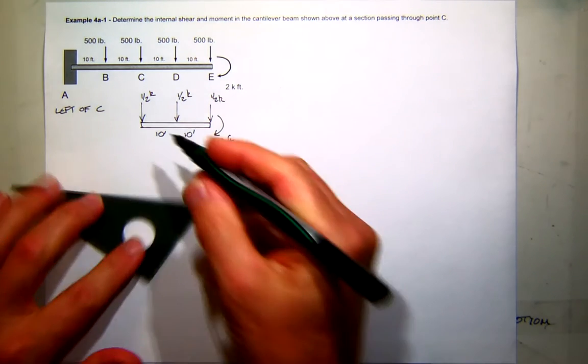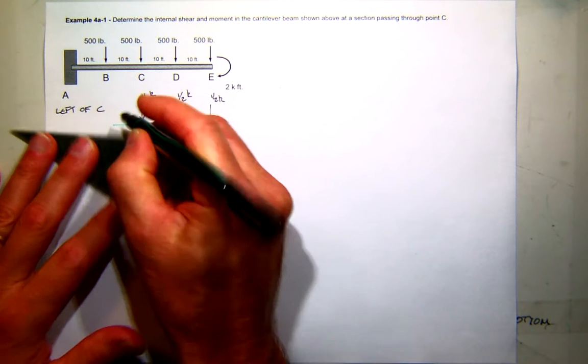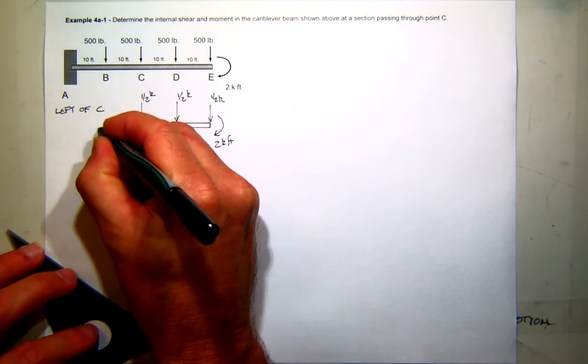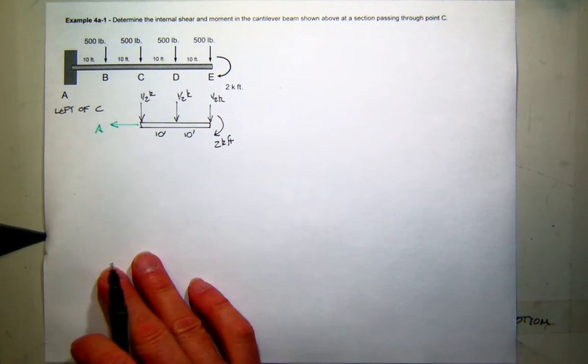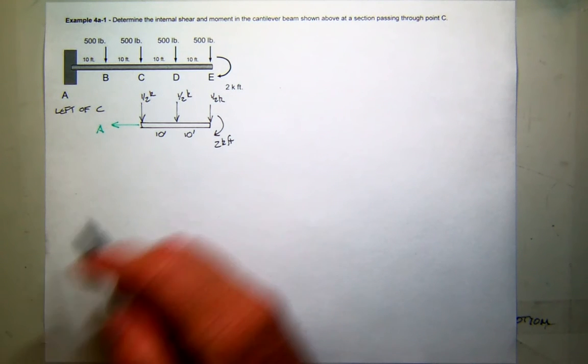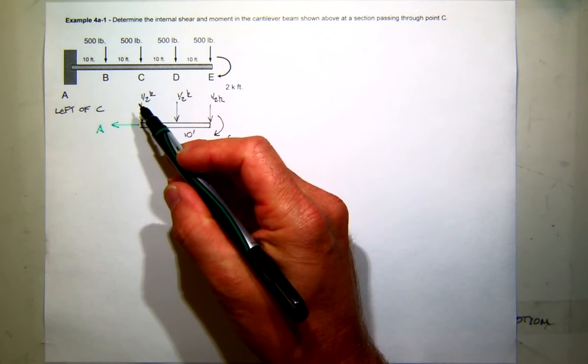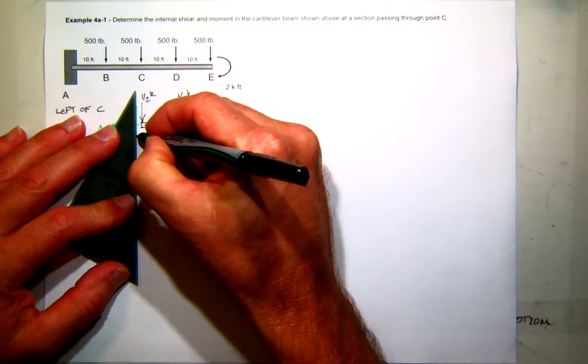So now I'm going to determine what my internal forces are. First I'm going to assume that I have a force in tension. So there's my axial force. Now shear force, positive shear force is going to be up or down on this face? It's going to be up. Now why is it going to be up?